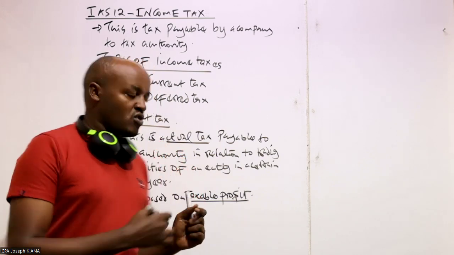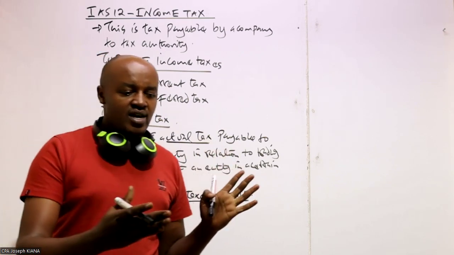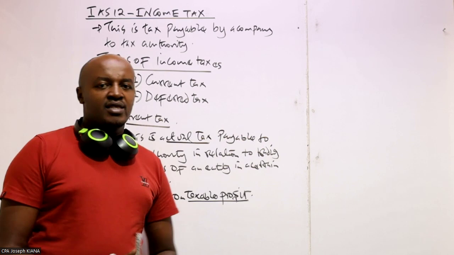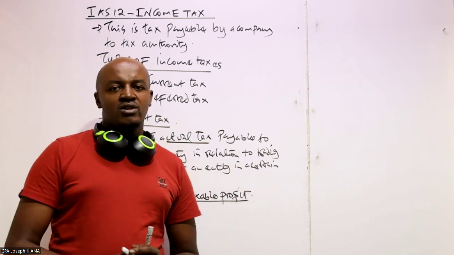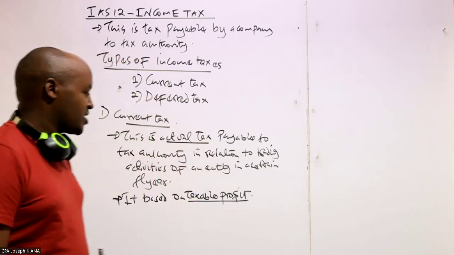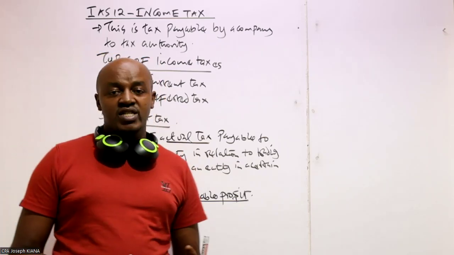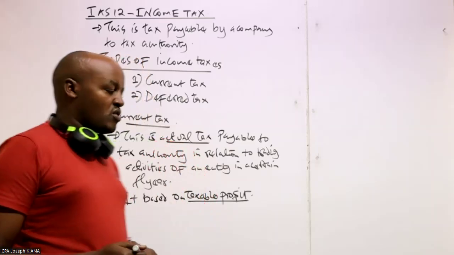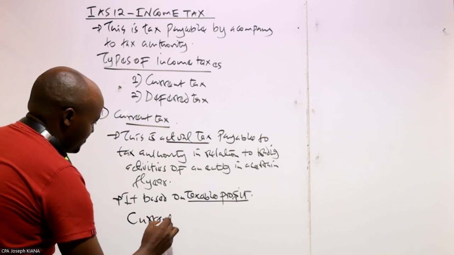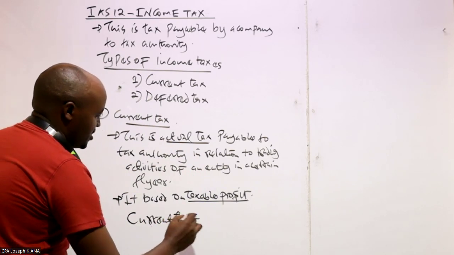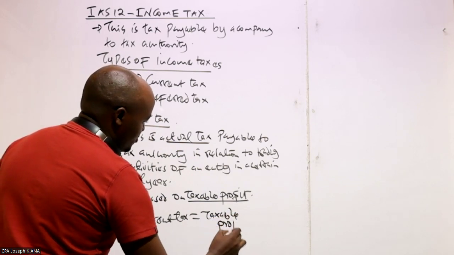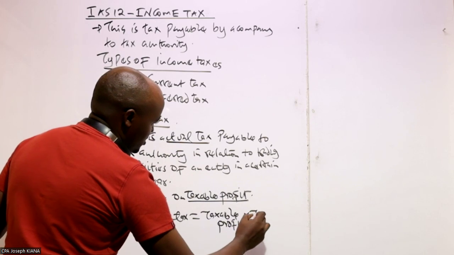To compute this taxable profit, a business entity takes into account the taxable incomes, and then has to deduct all the allowable expenses. The business then gets the taxable profit and subjects that to the tax rate to determine the actual tax to be paid. So the current tax is equal to the taxable profit times the tax rate.